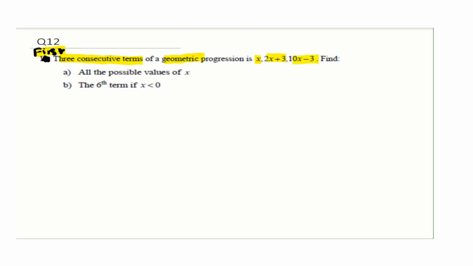This means the first 3 consecutive terms. So this becomes T1, this becomes T2, this becomes T3. The question asks to find all possible values of x.